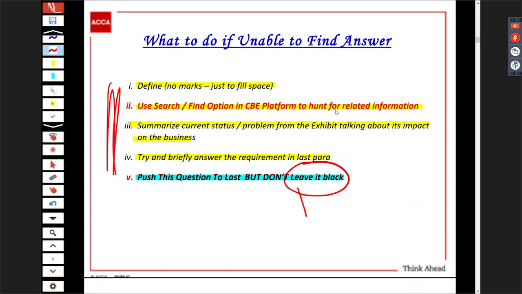Don't break the sequence. If there is a question number 1A and 1B, just give the heading 1B and then leave some space and move on to the next question. Because it's on a CBE editable Word platform, you can actually play around with it.